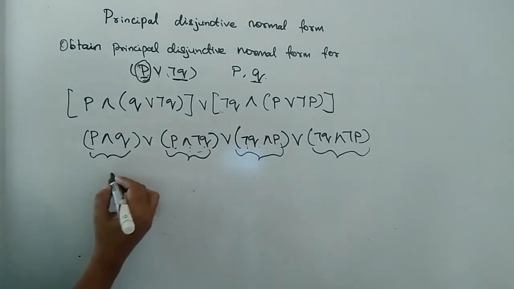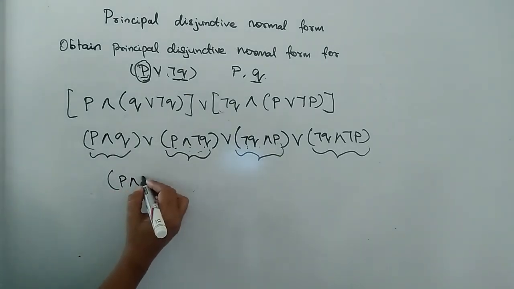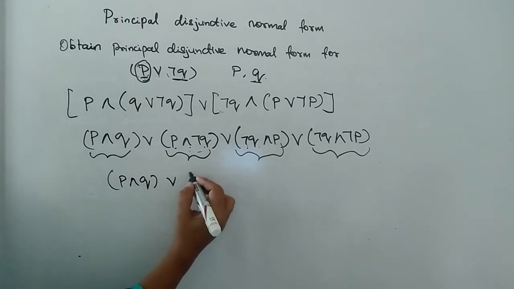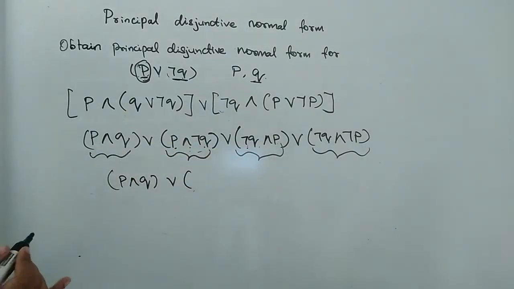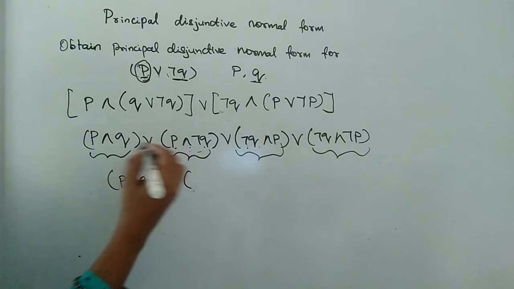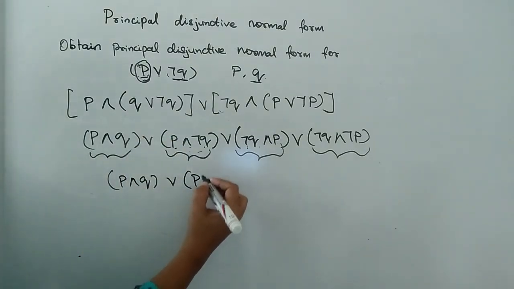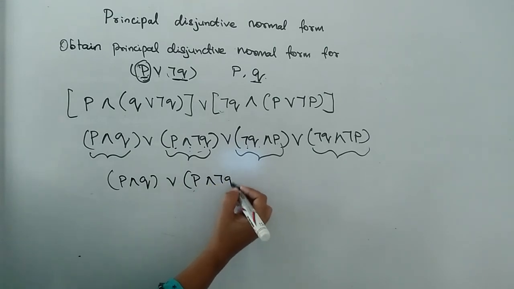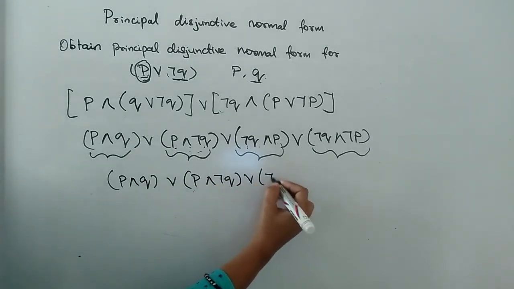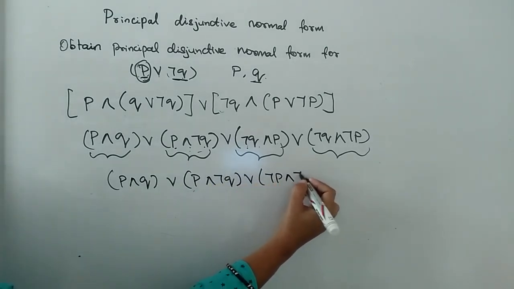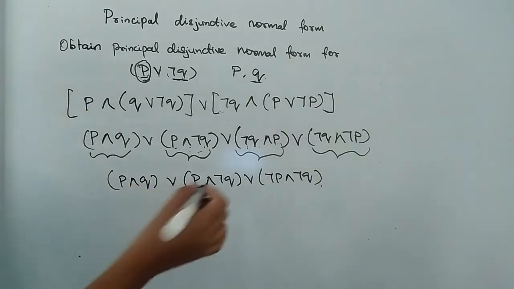So how can we write it here? P and Q. We can just avoid the duplications, so we can remove the duplicated terms. We can write it as P and negate Q, negate P and negate Q. That's all.